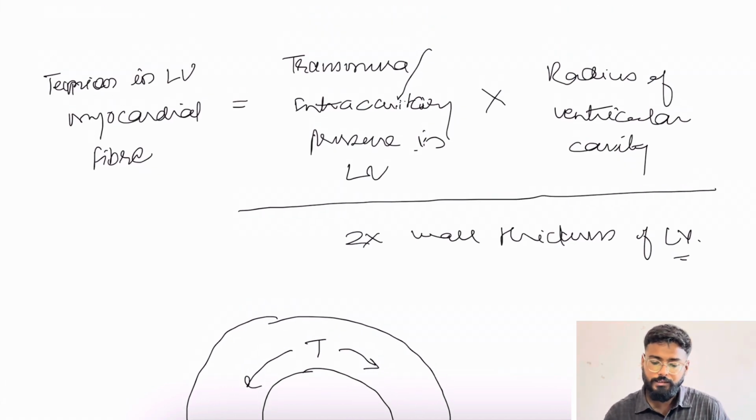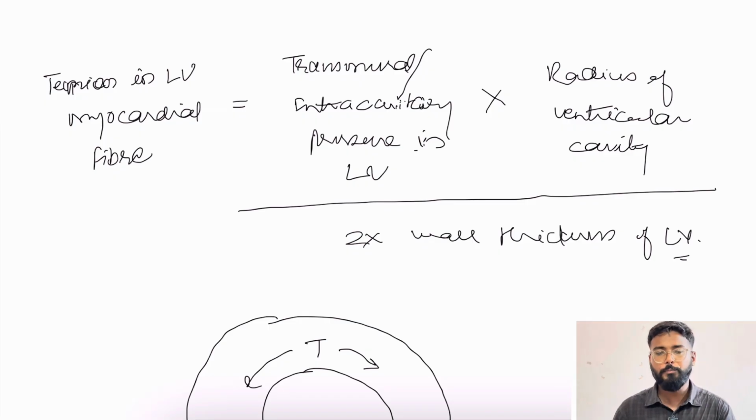And what is transmural pressure? The heart is situated inside your thoracic cavity. So there is some pressure inside your ventricles, that is your intracavitary pressure, and there is some pressure outside your heart, that is the pressure present inside your thoracic cavity.